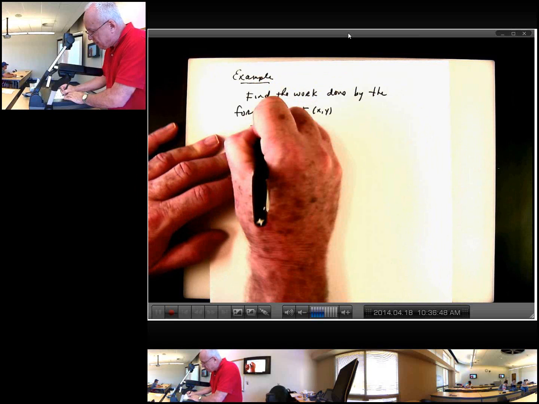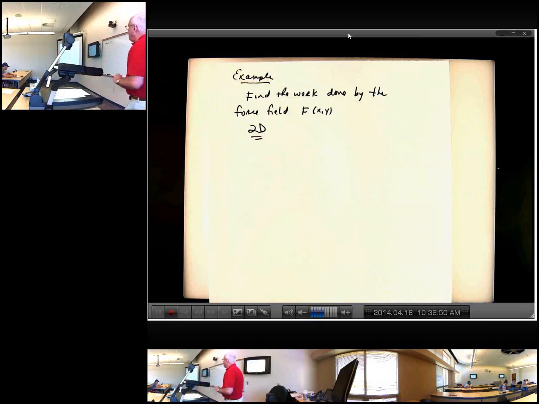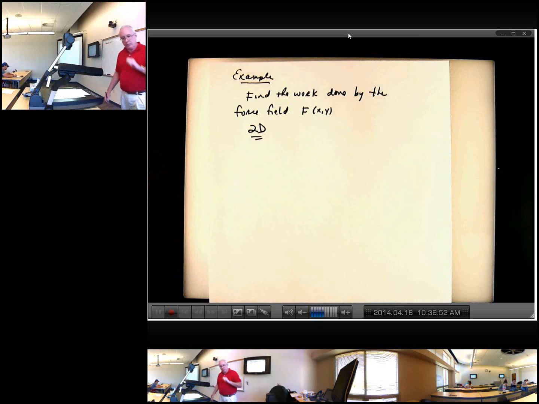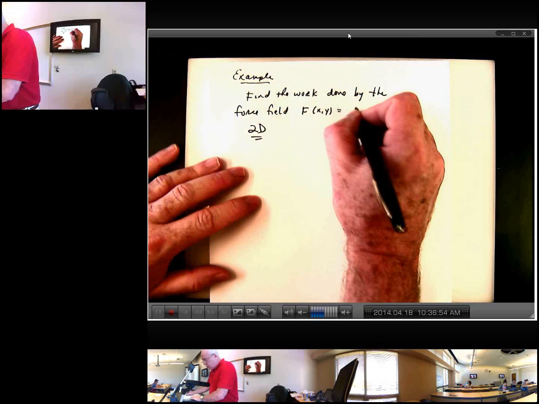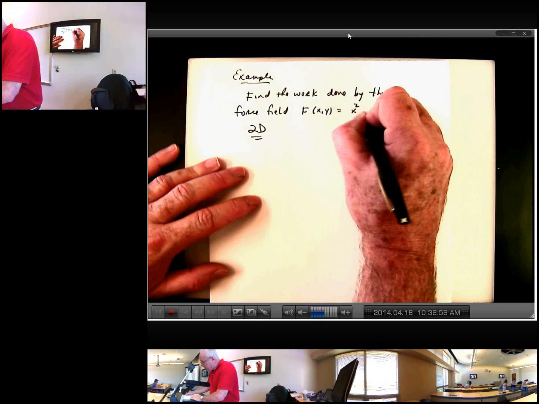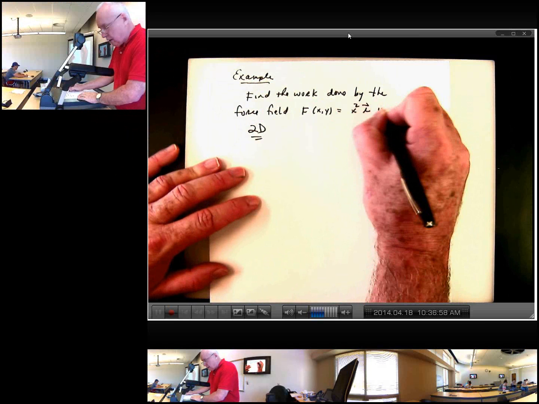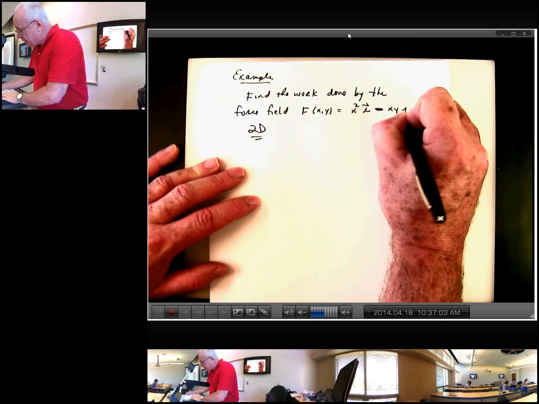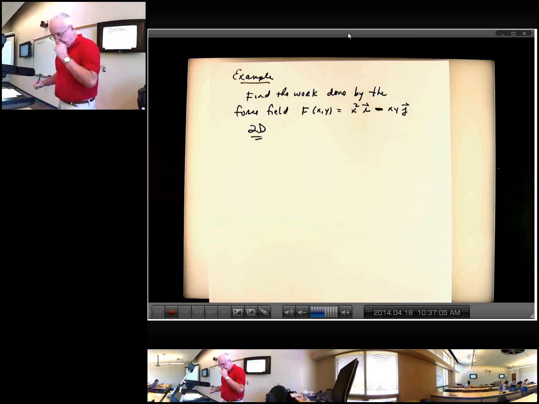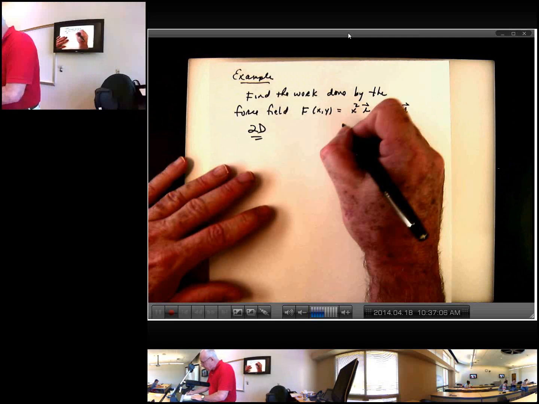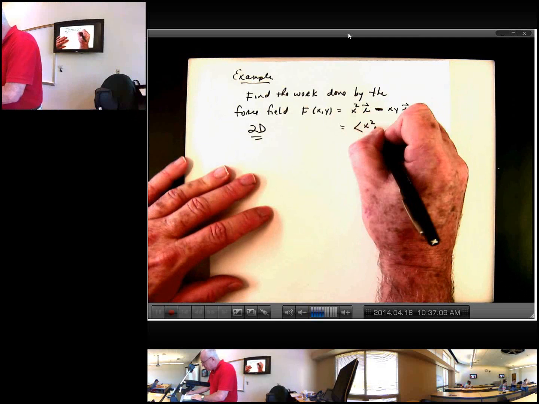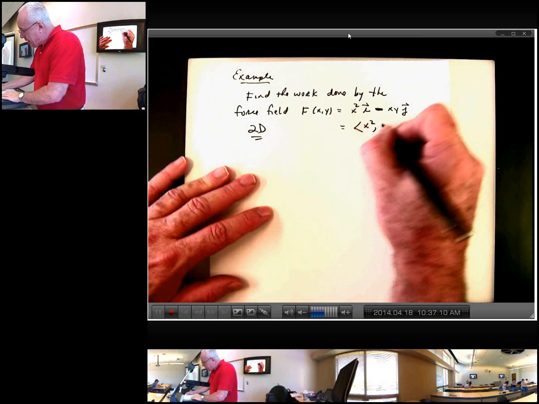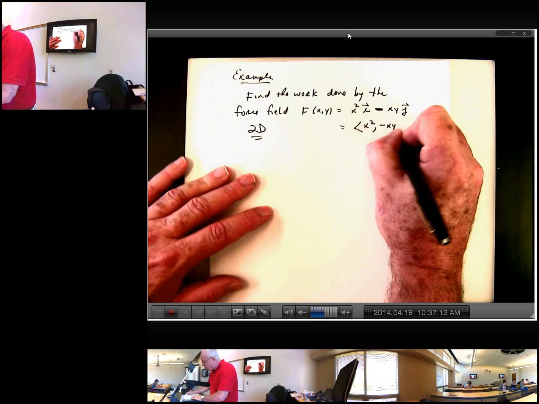So now this is a two-dimensional example, all right? And what we're told it's equal to x squared times the i vector minus xy times the j vector. Another way of writing this, using the brackets, is x squared, minus xy.